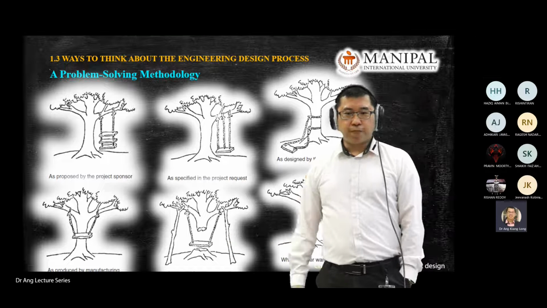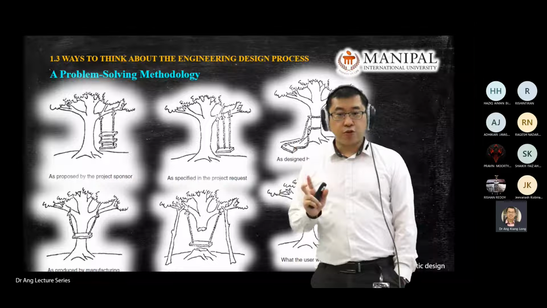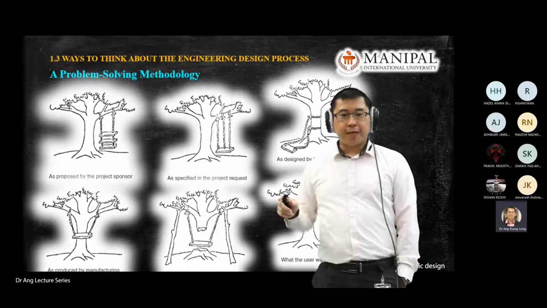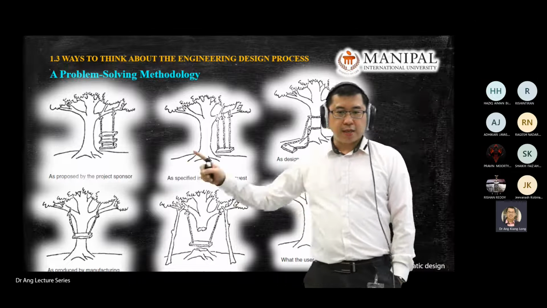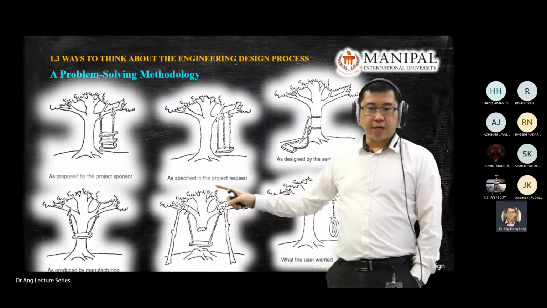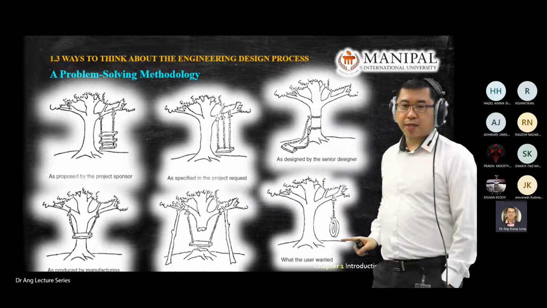So when you come to design, you need to carefully choose your process, and you even need to communicate with all the parties. What is useful, what is important, who sponsors you, and what the end user wants.